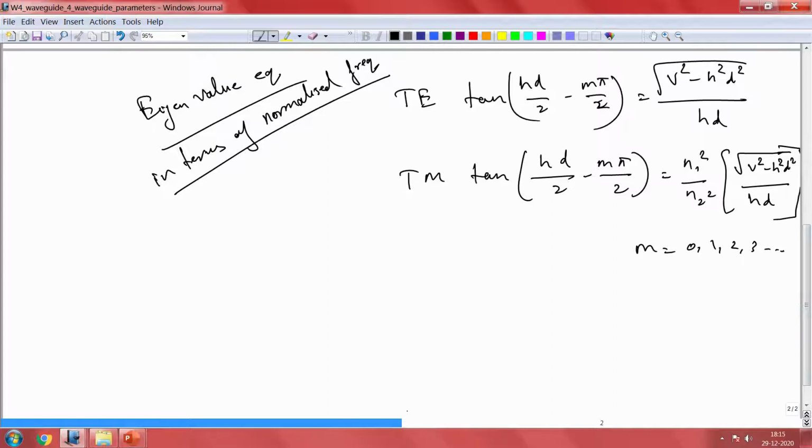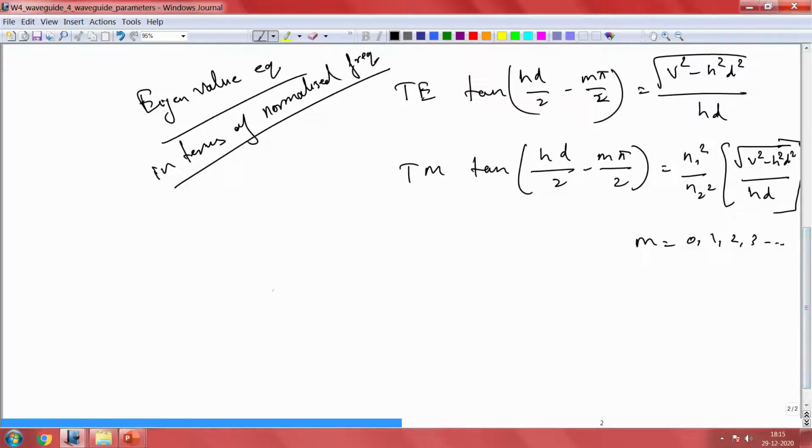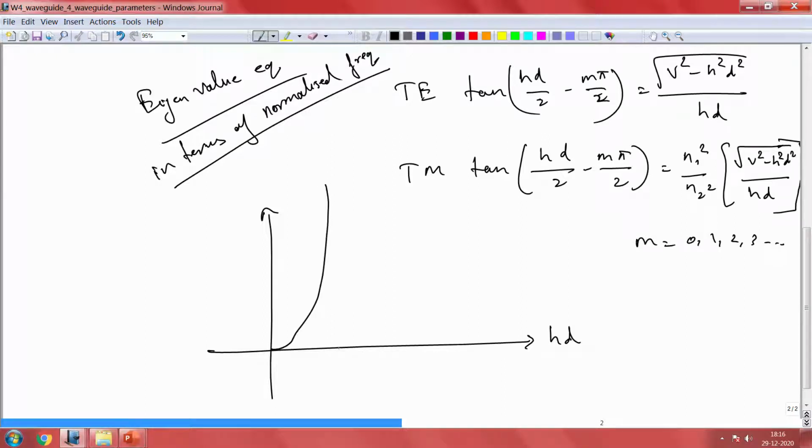You can do that analytically as a function of hd. So, what will be your x and y axis? This is a tan function, so you can imagine the tan function is going to go like this.